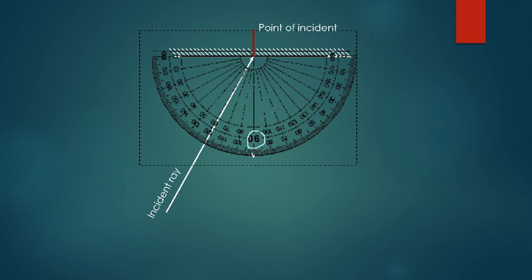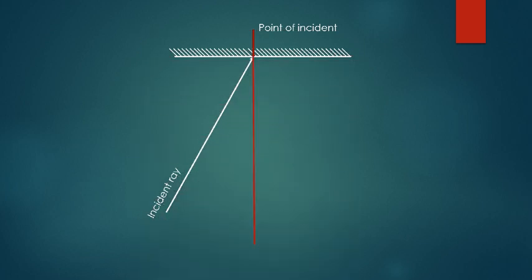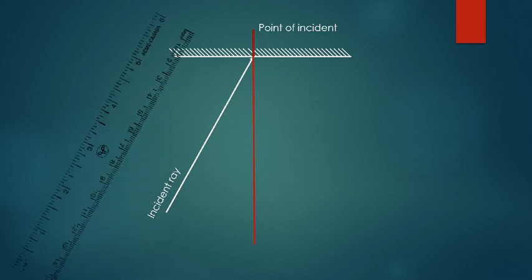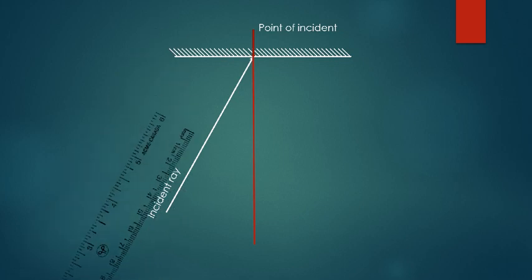This is 90° of the protractor, and then you have to draw a line which is perpendicular, and you need to show that perpendicular as a dotted line. Please remember, this is not a ray, it's a perpendicular to this surface.